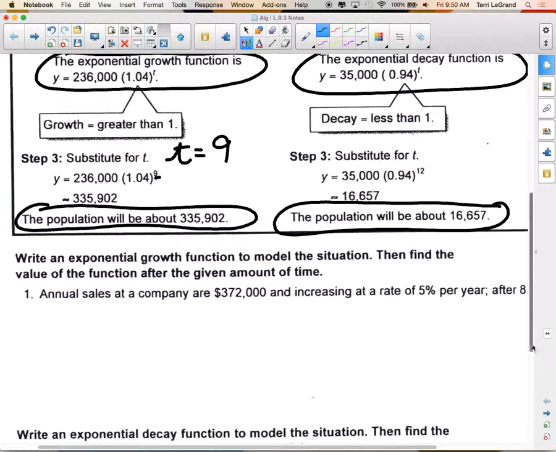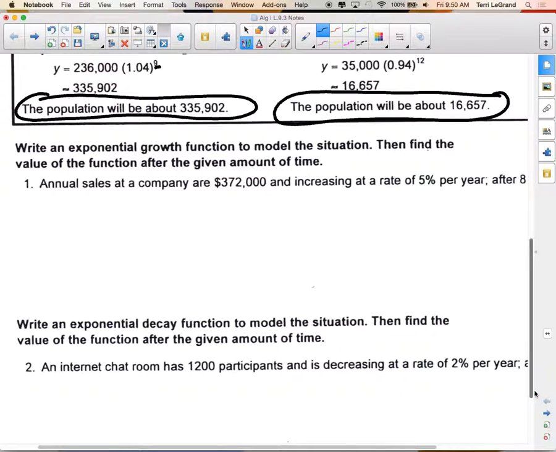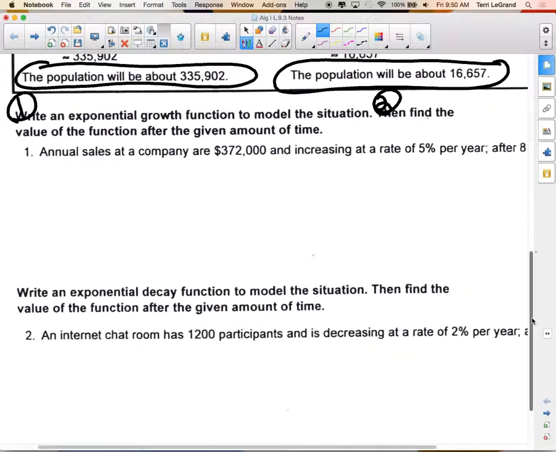Okay, let's go practice a couple of our own then. Write an exponential growth function to model the situation. First answer, number 1. Then find the value of the function after the given amount of time. Answer 2. Annual sales of a company are 372,000 and increasing at a rate of 5% per year.